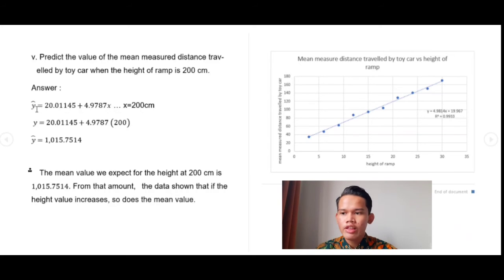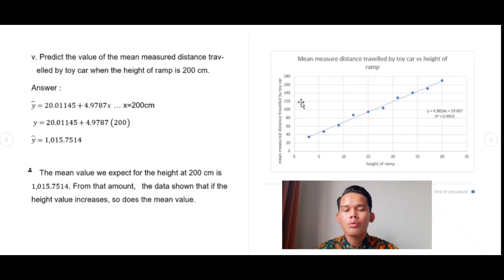Y represents the mean measured distance traveled by the toy car, and x represents the height of the ramp. The ramp height is already given in the question, so we put x equal to 200 cm.